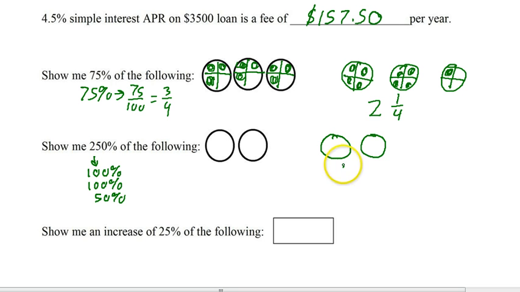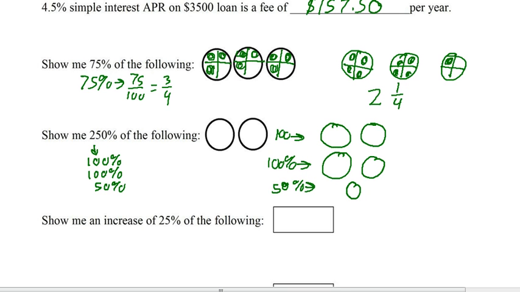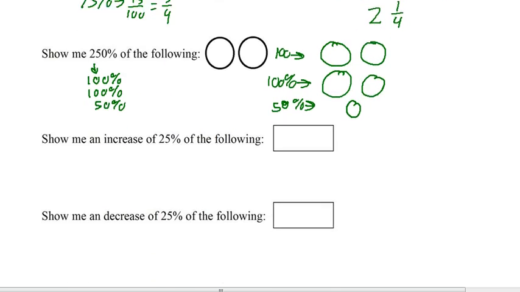Then we need another 100%, so exactly the same thing. And then we need 50%. Well, what is 50%? That's half. And so that is 250%, right there. So the answer is 5 of them. Kind of good? All right.